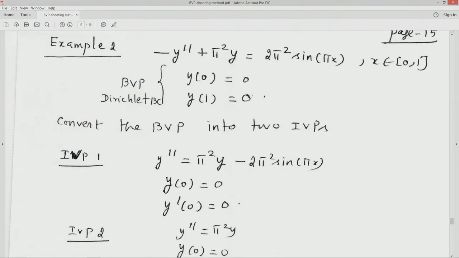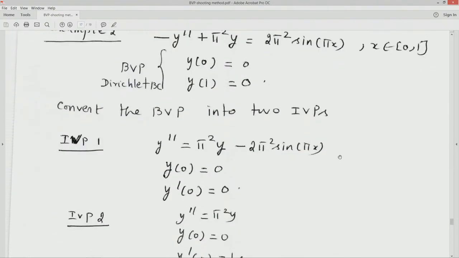So, we want to apply shooting technique to solve this problem. So, we need to write down two initial value problems. So, let us write them out. The first initial value problem has governing equations to be given by the non-homogeneous differential equation for the boundary value problem. So, I have written down the differential equation as it is.